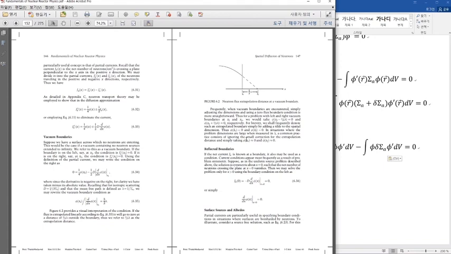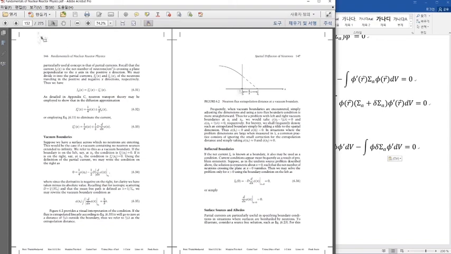And if the extrapolation distance is very small compared to the size of the reactor, then we may approximate that in the boundary, neutron flux becomes 0. And the integration that I just showed you is the integration for this surface.